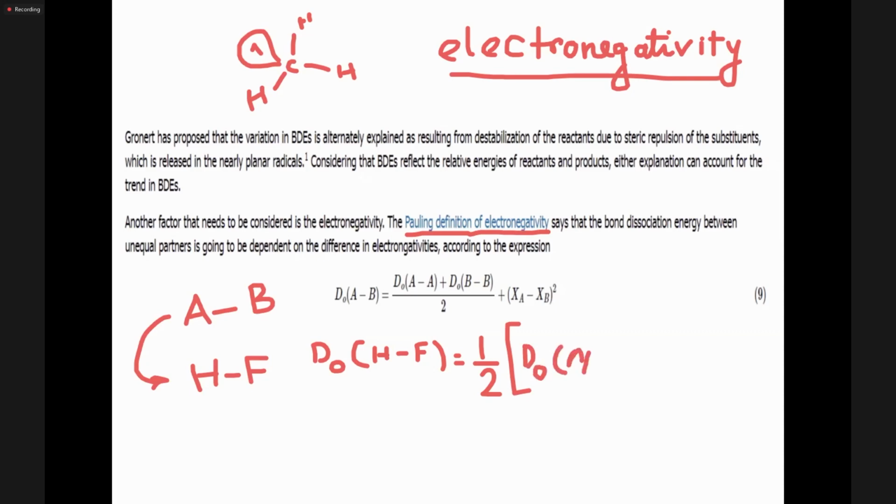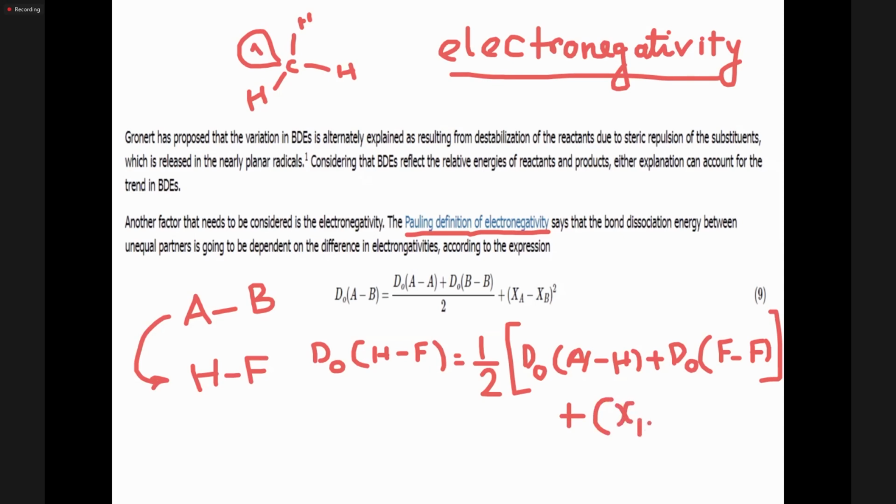A here stands for H. So D0 of HH plus D0 of FF, plus (chi A minus chi B) whole square.